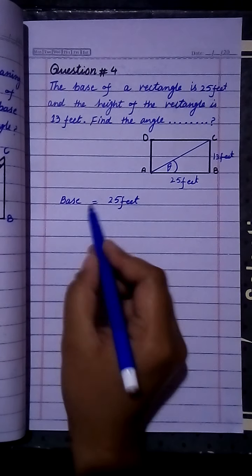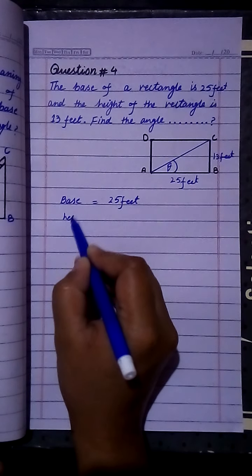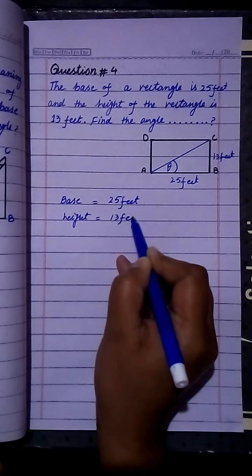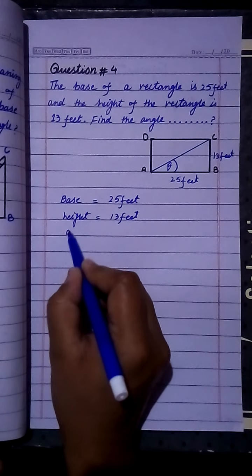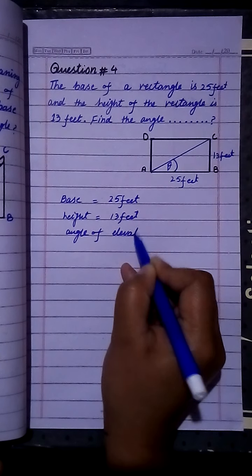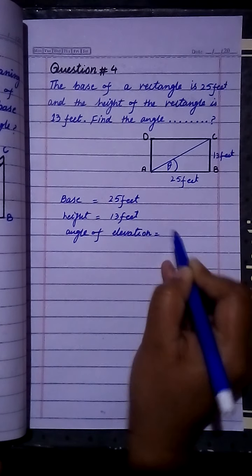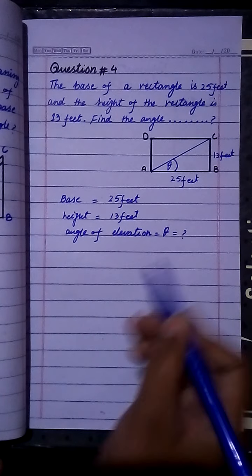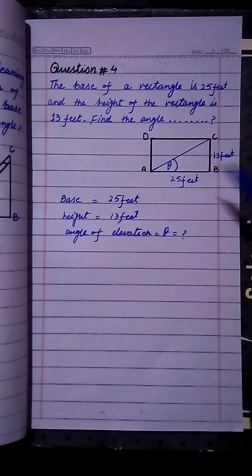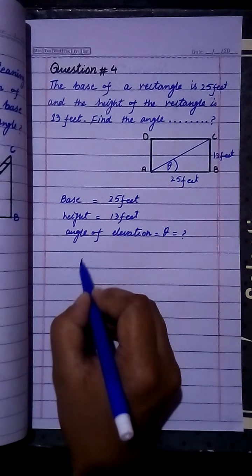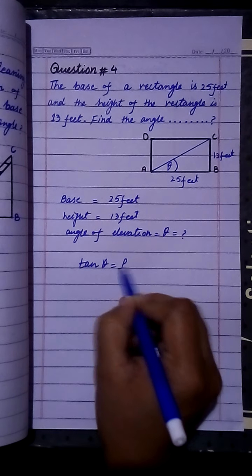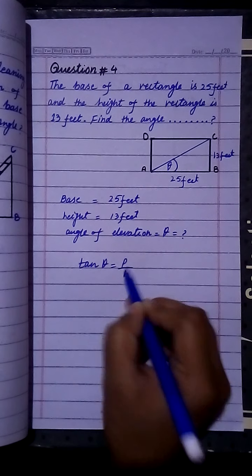Base of the rectangle is 25 feet and height of the rectangle is 13 feet. So here you have to find the angle of elevation, that is, theta. Now check that perpendicular and base are given here, so you have to apply the same formula: tangent theta equals perpendicular by base.